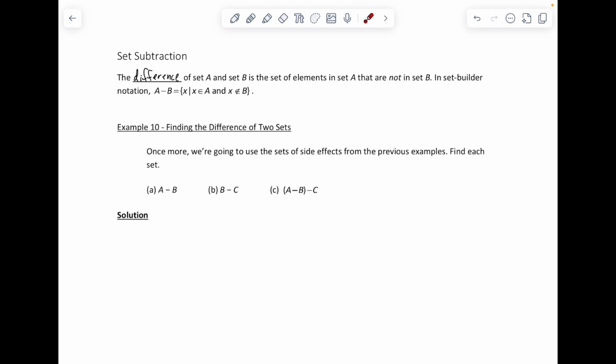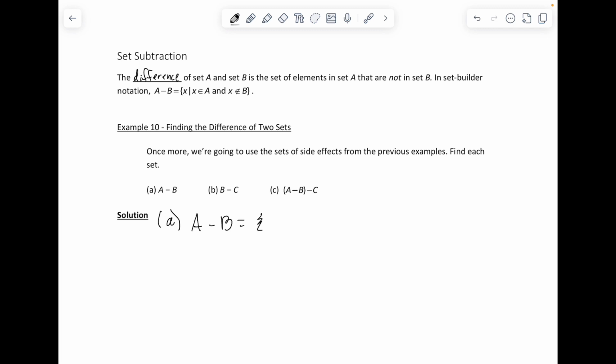If we're considering the same sets from the previous examples, let's just do A minus B. Basically, we'd start with set A, and we would remove the elements that are in set B. So the elements in set A that are not in set B. You can go compare those sets from what we wrote in the earlier examples.